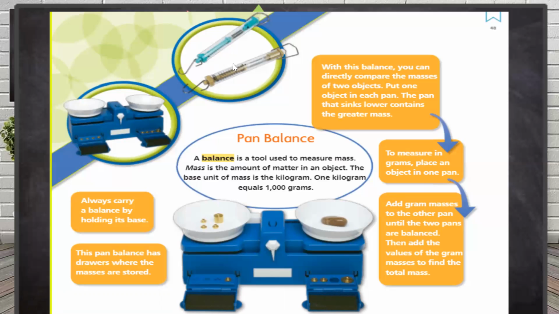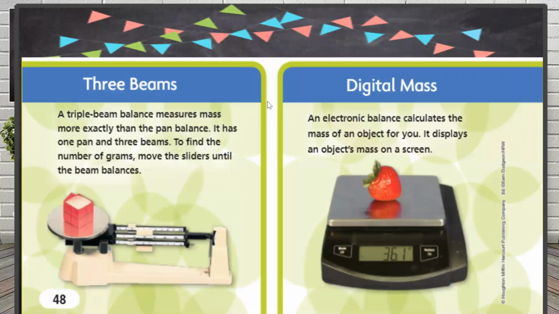This is a spring scale, and a spring scale doesn't measure weight, it measures the force, how much force it takes something to lift or to go down. So a spring scale measures the force.